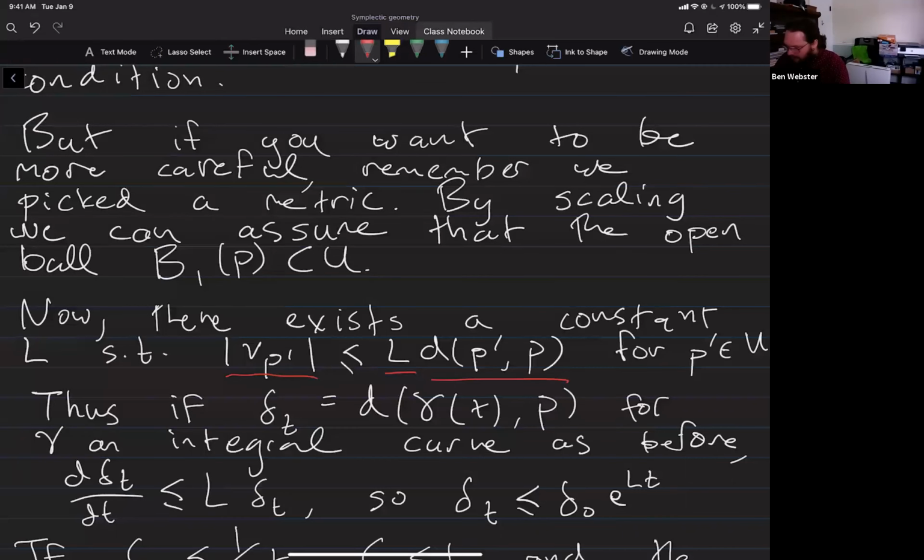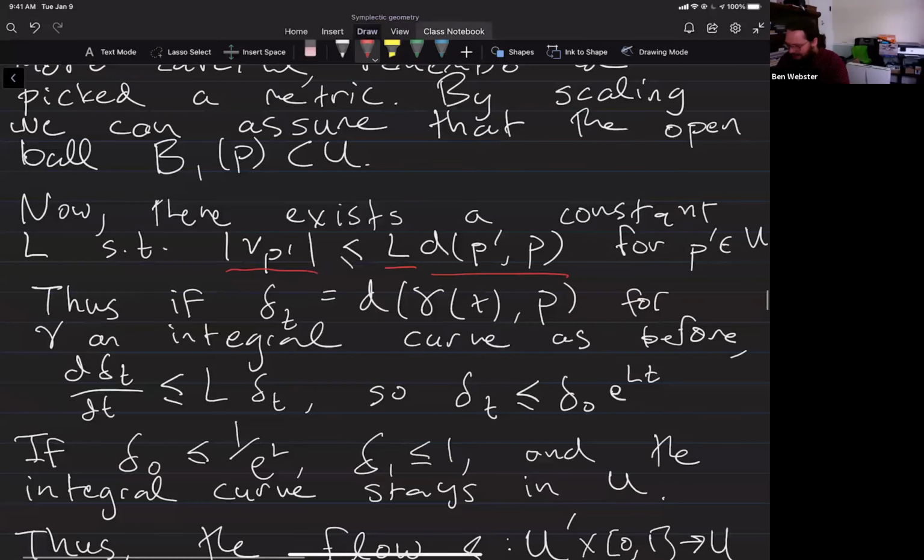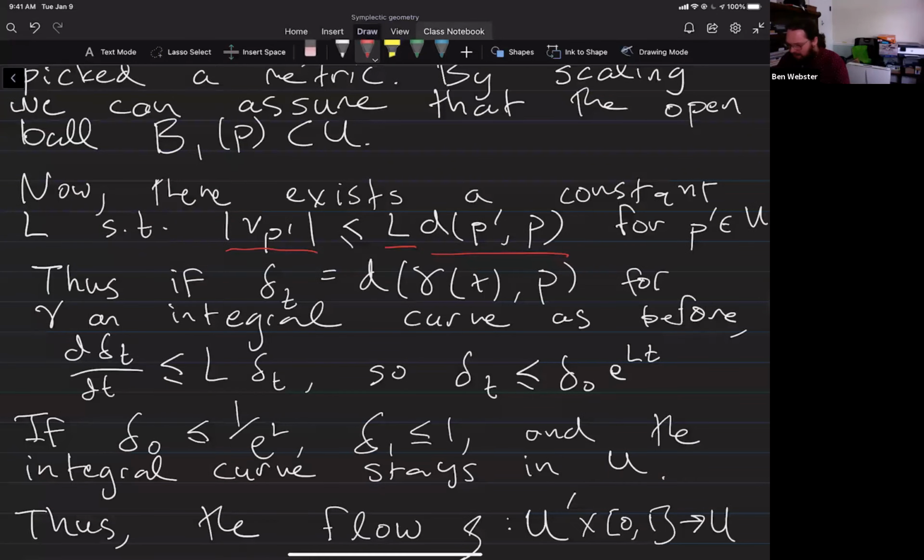All right. If you think about what that means, and in part I had to write this out for my own satisfaction, that means if I follow an integral curve of this vector field, the speed at which my distance from P is increasing is less than L times what my distance already is. And so my distance can only be increasing by a factor of e to the L times time.